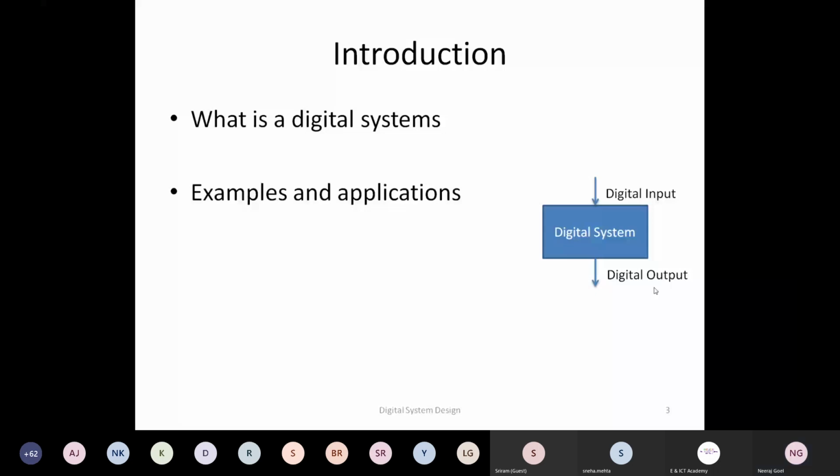But before moving ahead, there is one question that comes to mind. When we say digital system, input is digital, output is also digital, and digital means it's quantized both in time as well as in value. But in the real world, there is no digital.